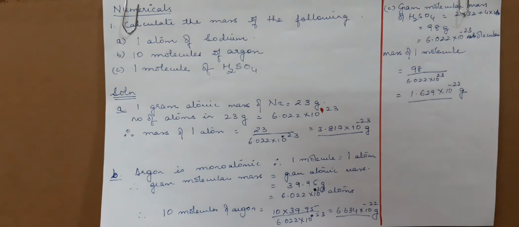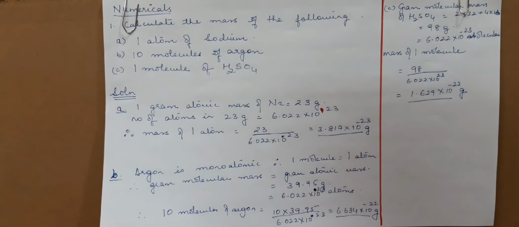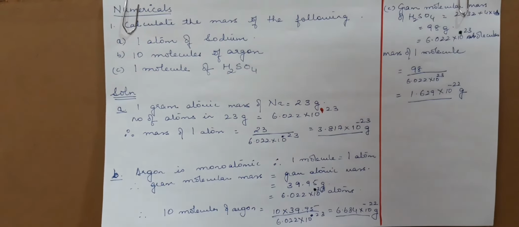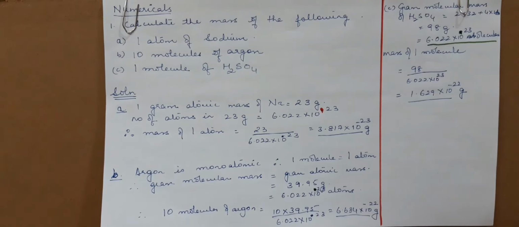Third, how to calculate the mass of one molecule of H2SO4. Now the gram molecular mass of H2SO4 is 98 grams. How 98 grams? 2 into 1 plus 32 plus 4 into 16, that will come out to be 98 grams. That means 98 grams contains 6.022 into 10 to the power 23 molecules.